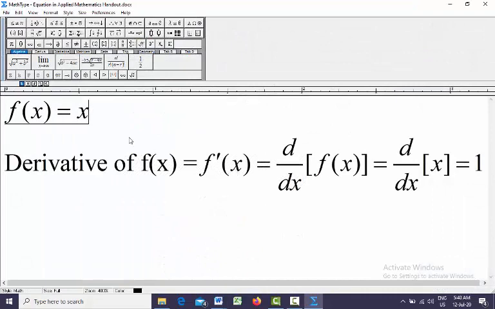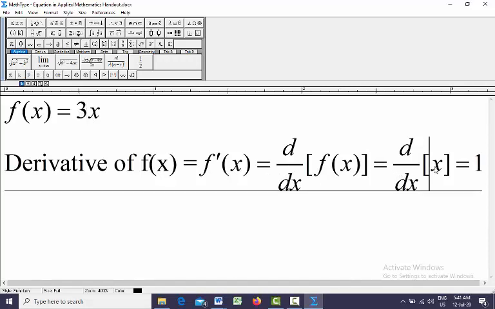But suppose the function is 3x here. In that case, you need to do differentiation of 3x.